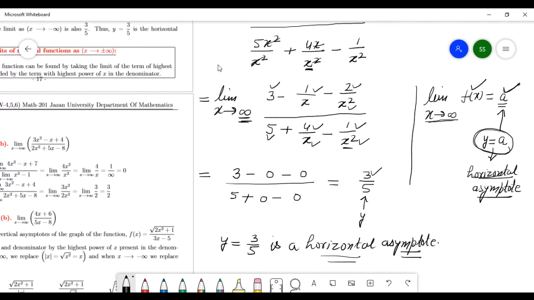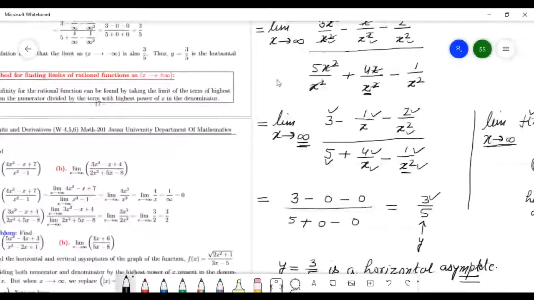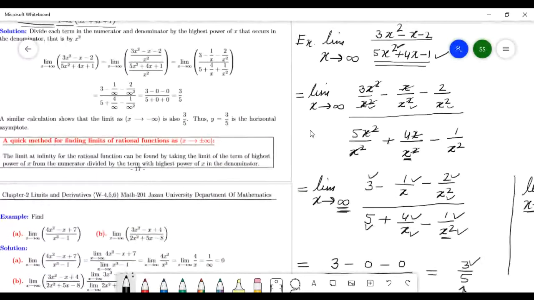Come to the next question. What you did here in this limit, x goes to infinity, in the denominator, the highest power of x, the full term is divided by x square.